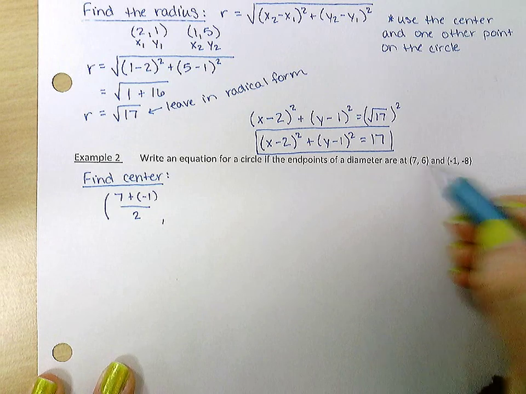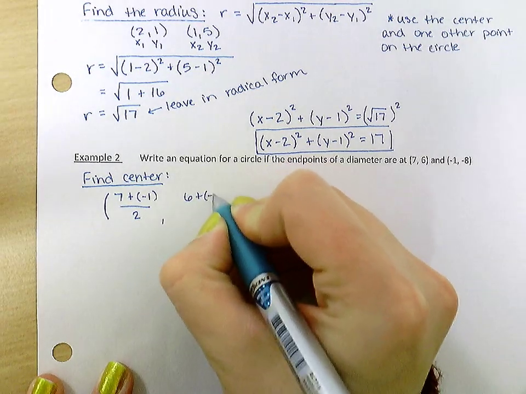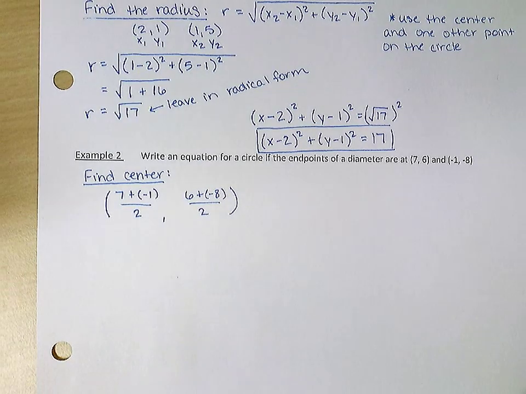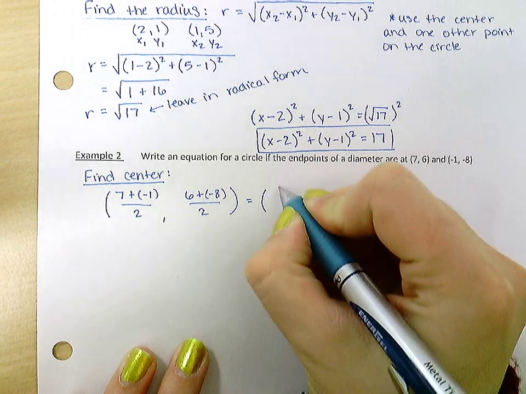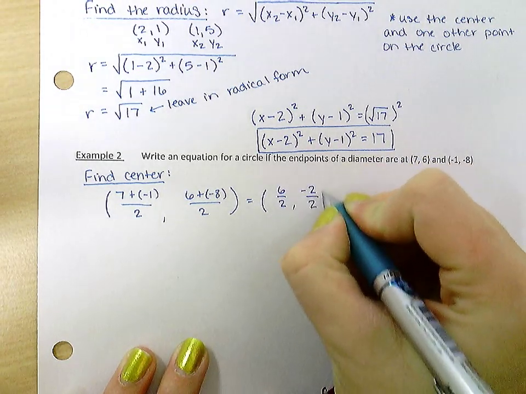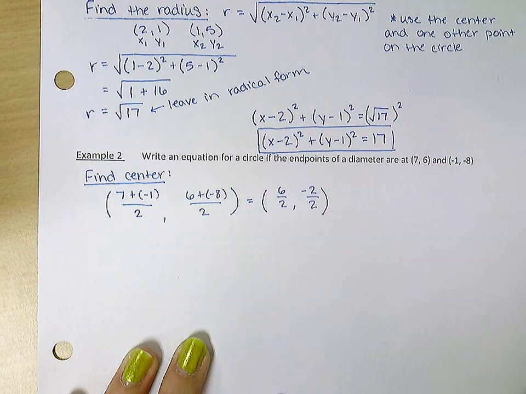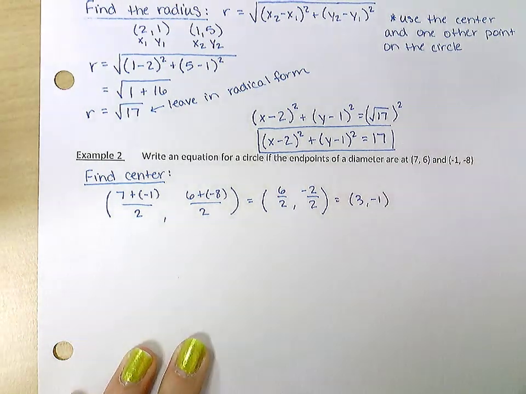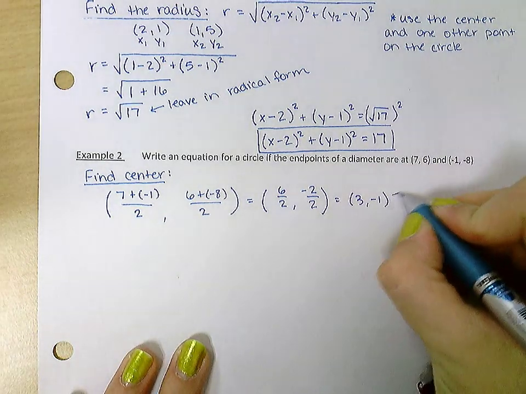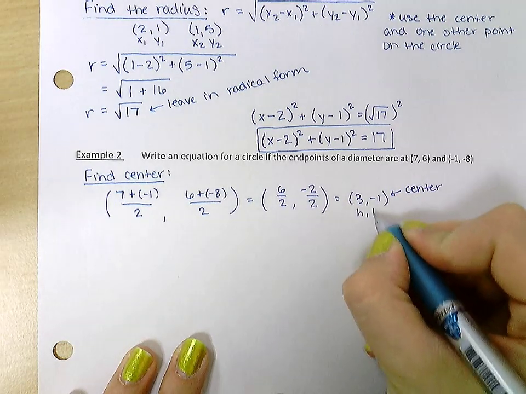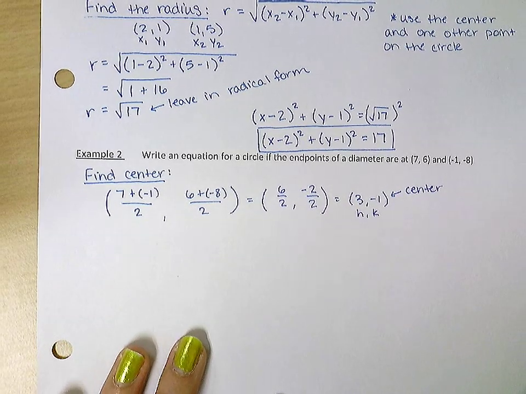Your y's are 6 and -8, divided by 2. So we have 6 over 2 and -2 over 2, which is just (3, -1). So that is your center, that is your h and k value.